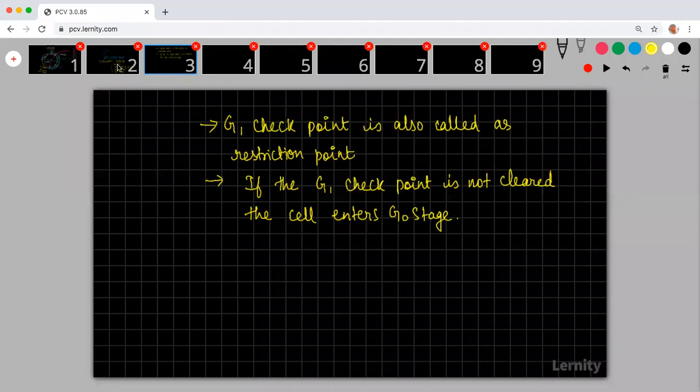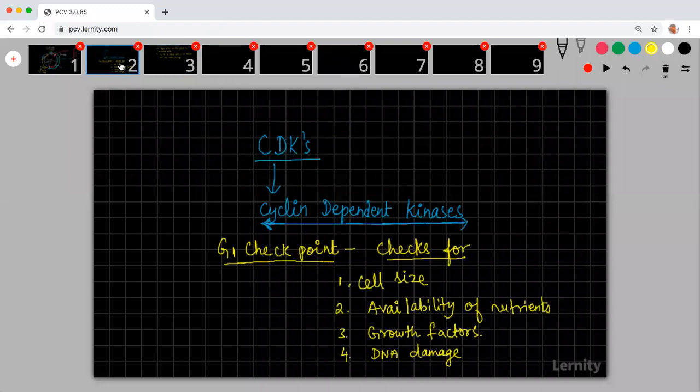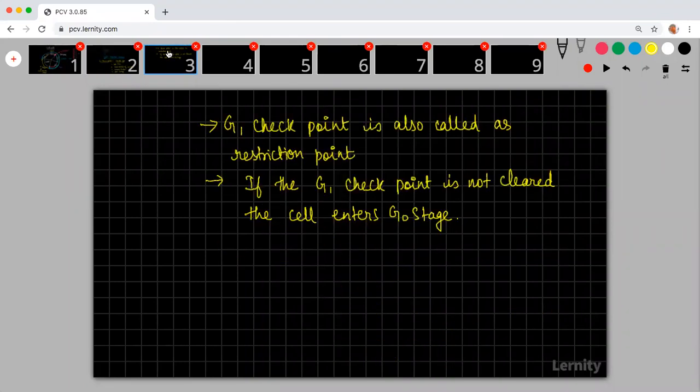Okay, just a second. Okay, the cell will enter.